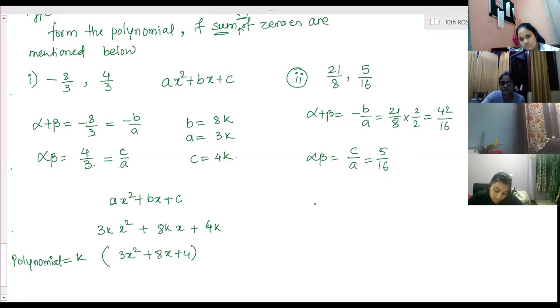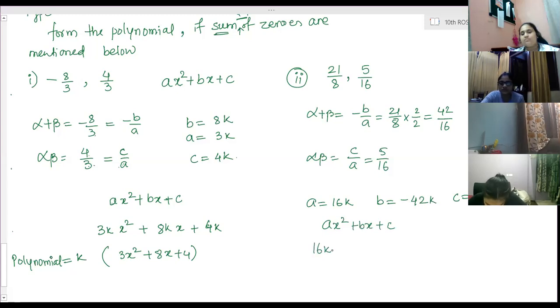So what is the value of a then? 16k. Minus b is 42, so b will be minus 42k. And c will be 5k. Now the polynomial is ax square plus bx plus c.